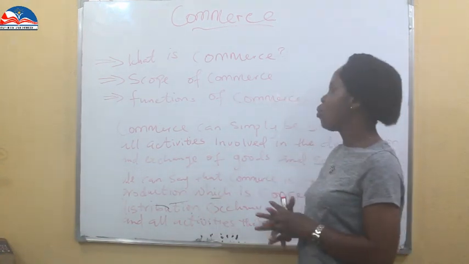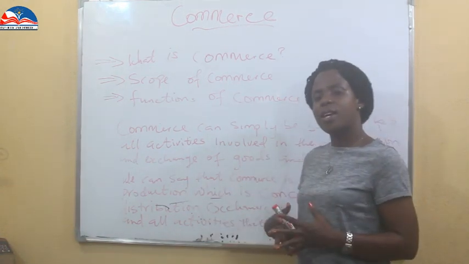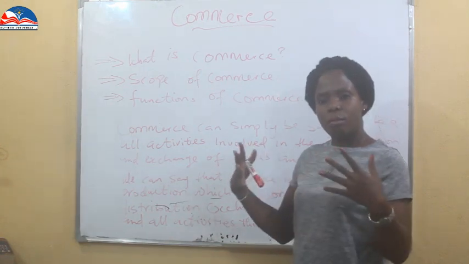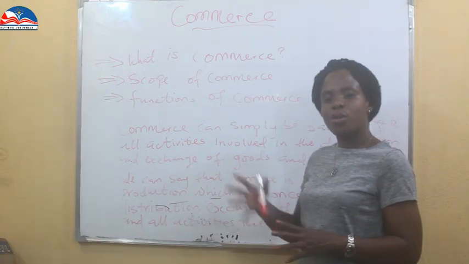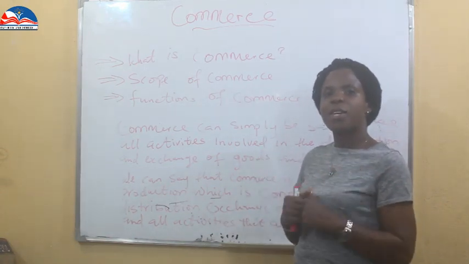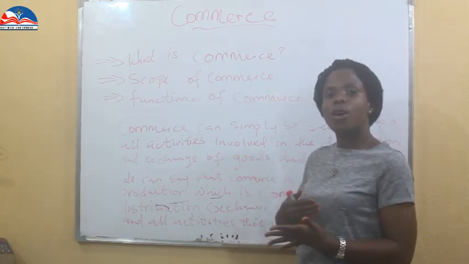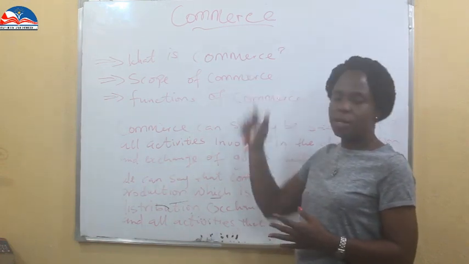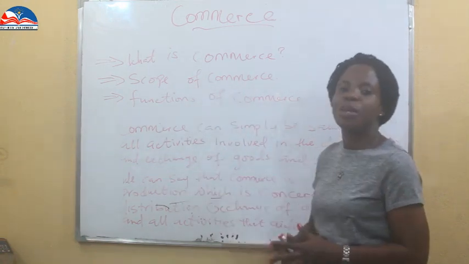Commerce has to do with the activities that are involved in distribution of goods to the final consumers. It is an aspect of production that makes the production process complete, because without commerce, products cannot get to the final consumers.